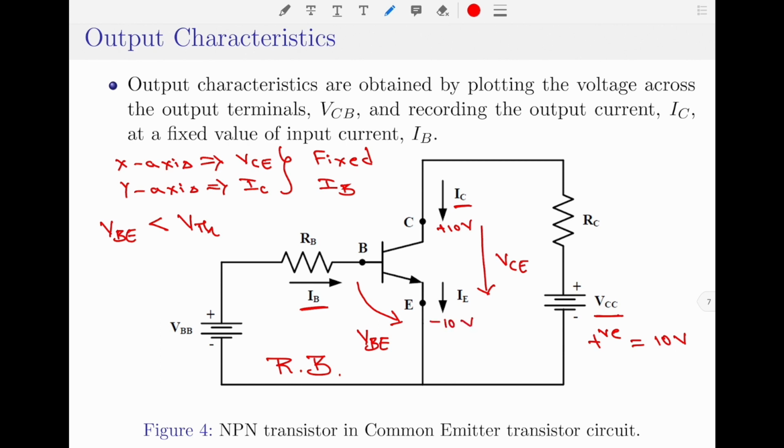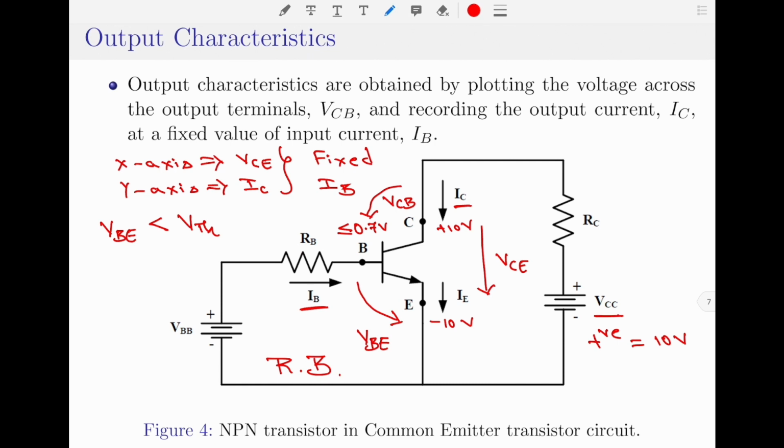Coming to the input loop, since we have assumed the base to emitter junction voltage is less than the threshold voltage, the base terminal will be at a potential less than or equal to 0.7 volt, assuming the transistor is made up of silicon. So, if you now look at the potential difference between the collector and base terminals, it would be 10 minus 0.7, which will be 9.3 volts.